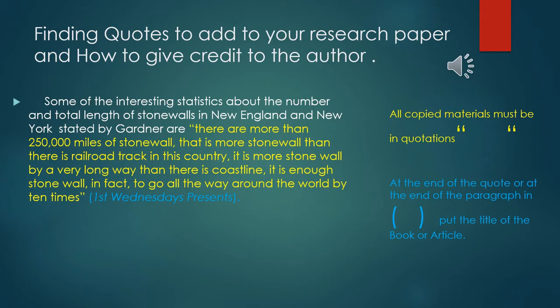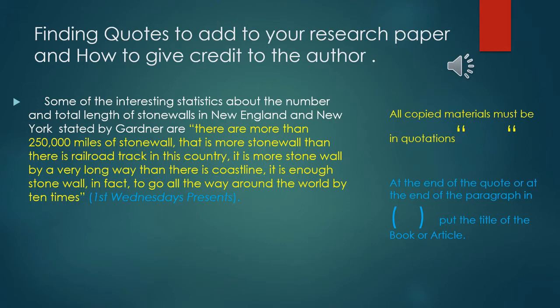At the end of the quoted material, in brackets, you want to give some reference as to where this information came from. And as this came from a talk about his book called Granite Kiss, this will refer back to our bibliography.